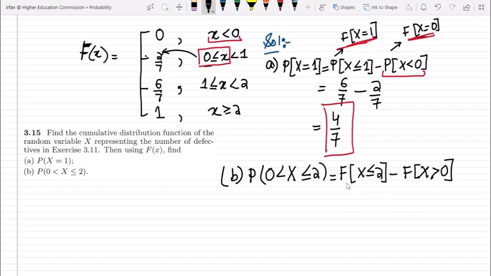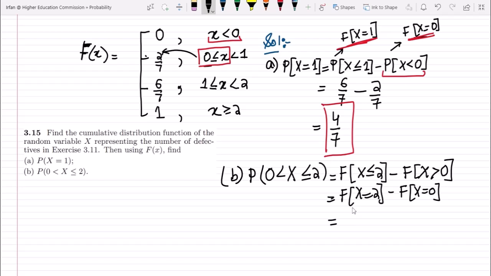We can also write it as F(2) minus F(0). These are also the CDF values.